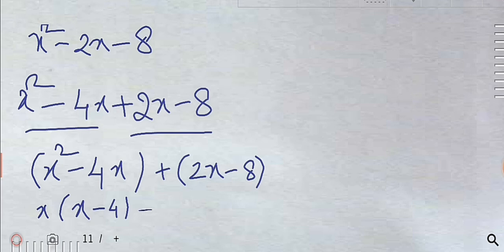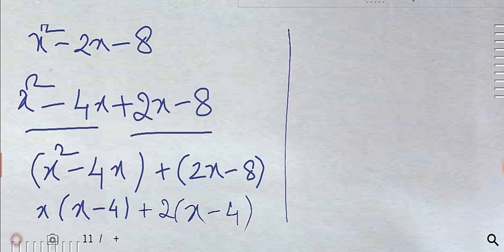Now plus, if you take 2 common from the next two, we'll get x minus 4. 2 into x is 2x, 2 into minus 4 is minus 8.